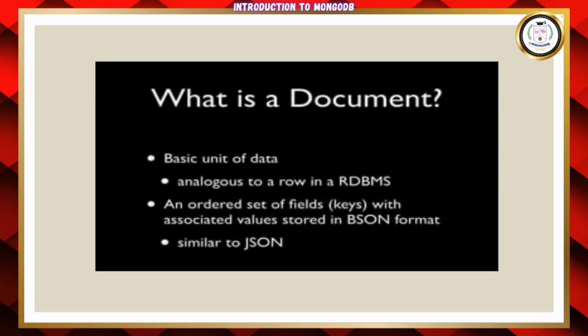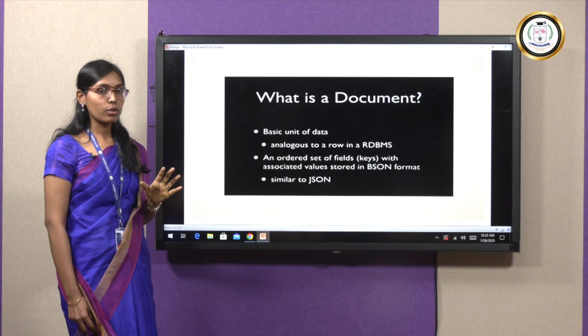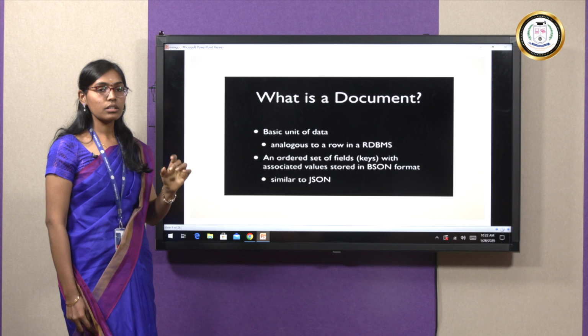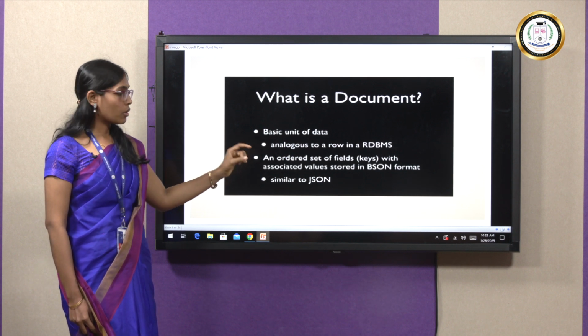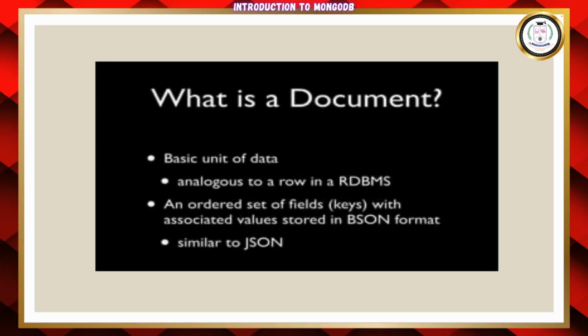And now, what is a document? A document is nothing but a basic unit of data. A document can consist of any number of fields. This is equivalent to a row in RDBMS. That is, one single row in a table is equivalent to one single document in your collection. That is why a document is a unit of your data, and it is an ordered set of fields.